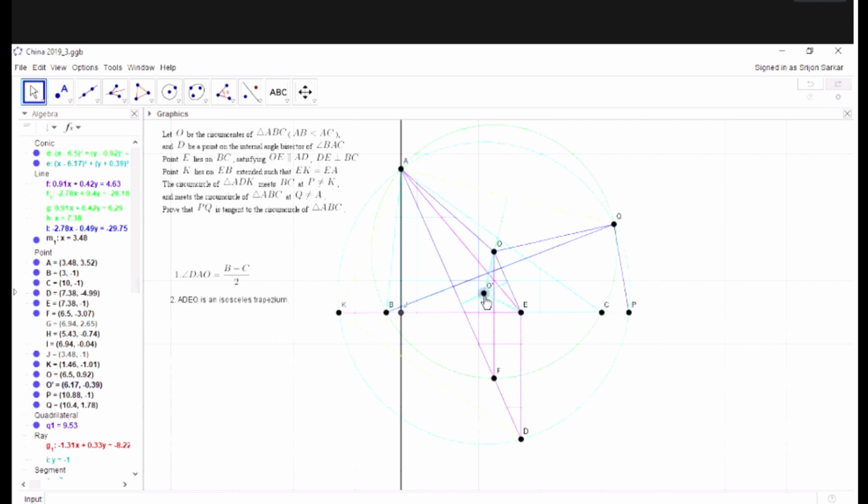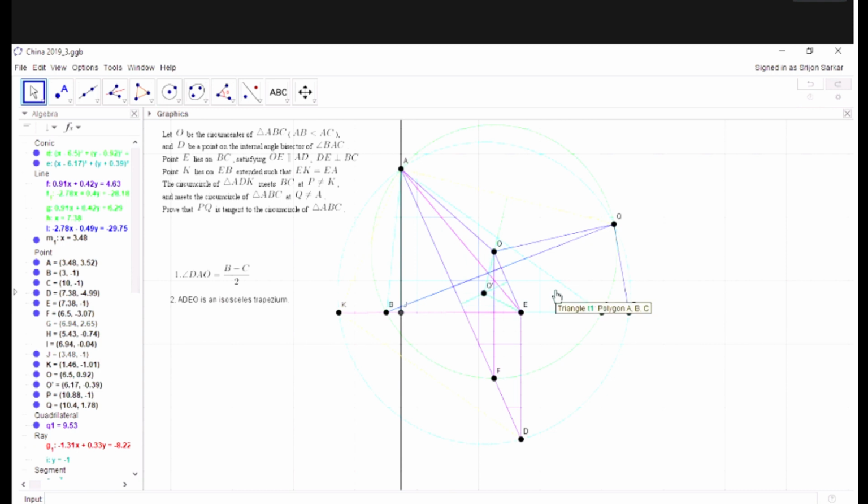Note that the line O dashed O goes towards the midpoint of this triangle AOQ, and then the line through the perpendicular bisector of the AD and OE sides passes through O dashed as well. It has quite many nice properties. Try to work with that along with the thing that I told.